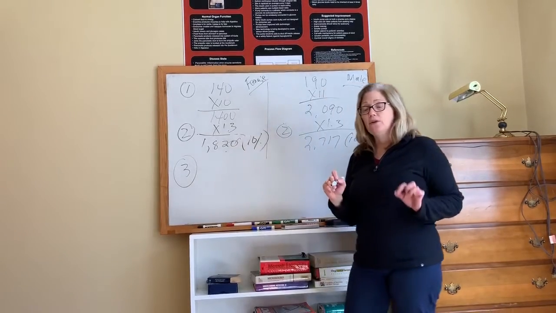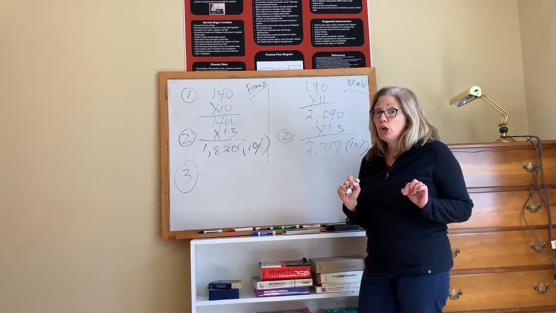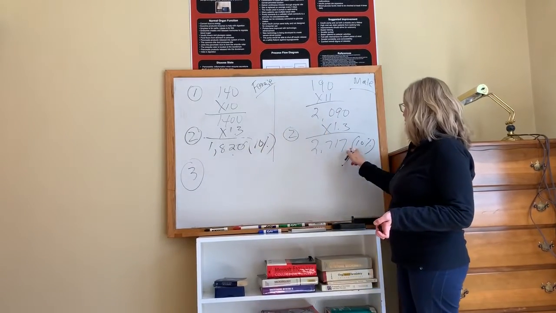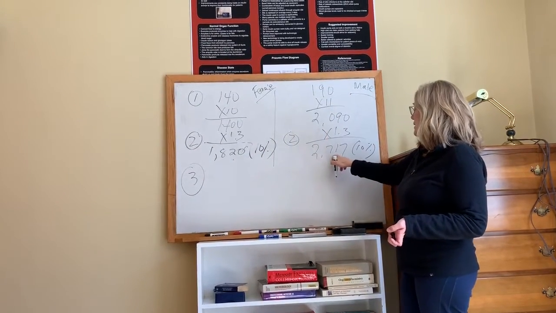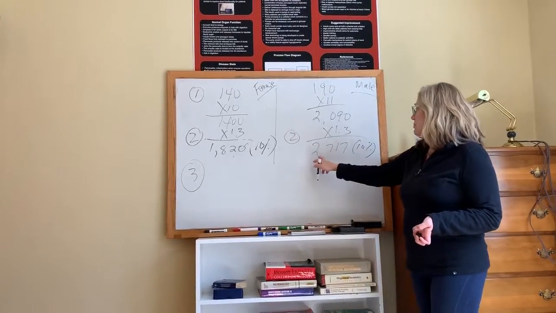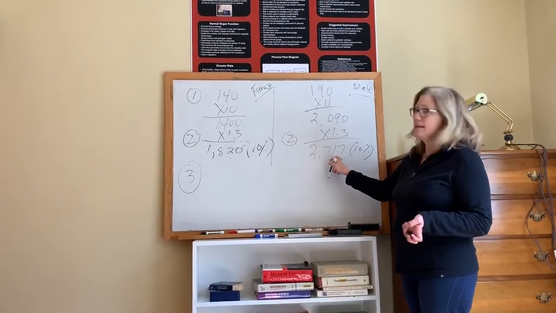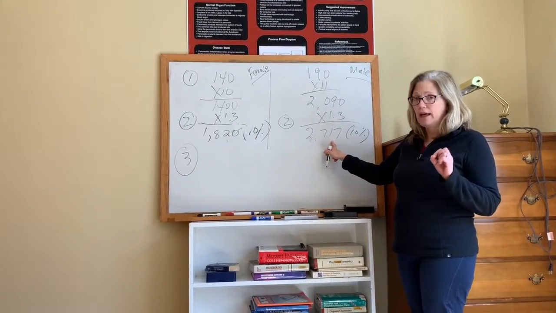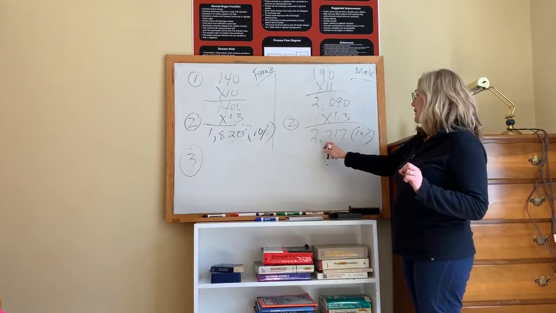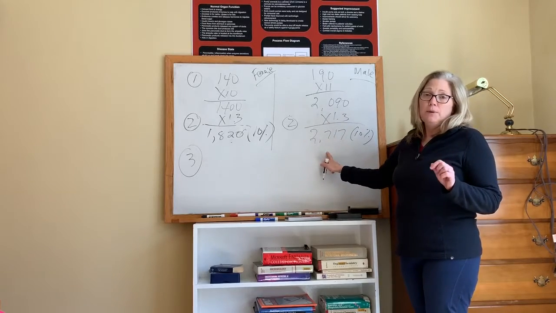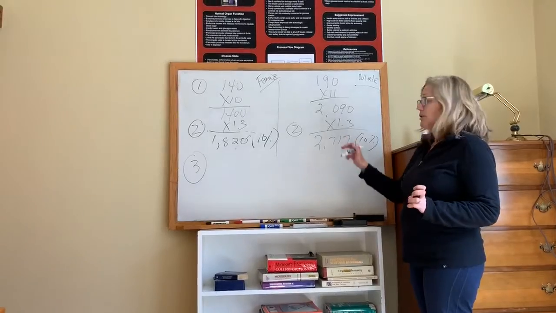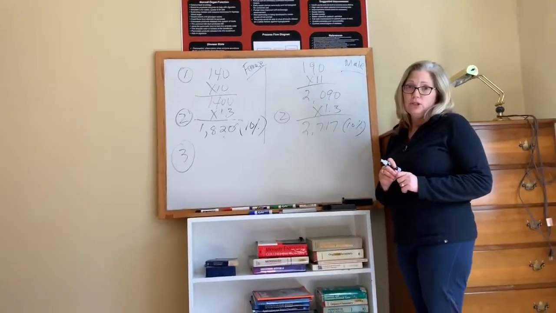We are going to add the 182 to the 1,820. For the male, 10% of 2,717 is about 272. If you wanted to do this calculation with your calculator, you could do 2,717 multiplied by 0.10 for 10%, and that will come out to about 272 calories.